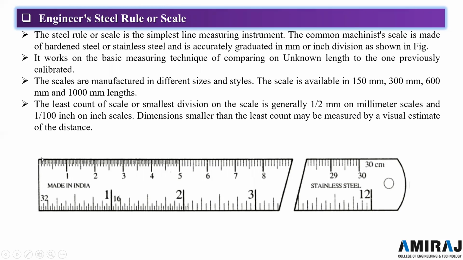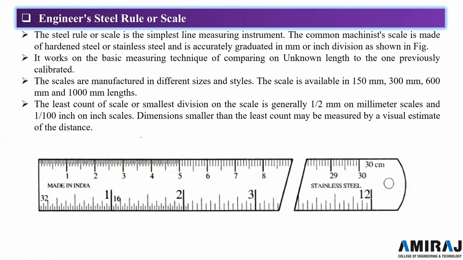Here you can see there is a half partition also on the millimeter scale, and 1 by 100th of an inch on the inch scale. Dimensions smaller than the least count may be measured by visual estimate of the distance. So if you want to measure a certain small distance, then visual estimation will be required.